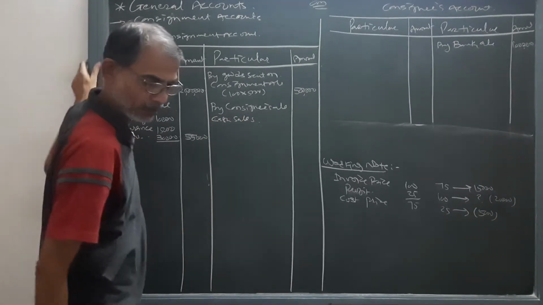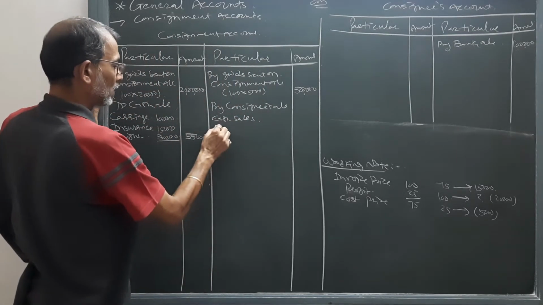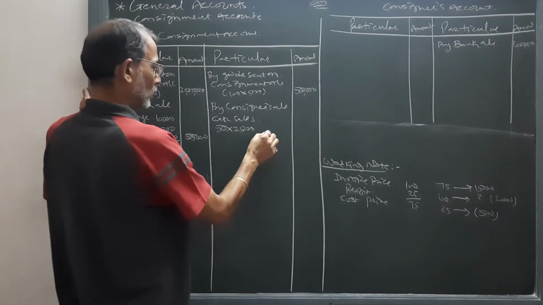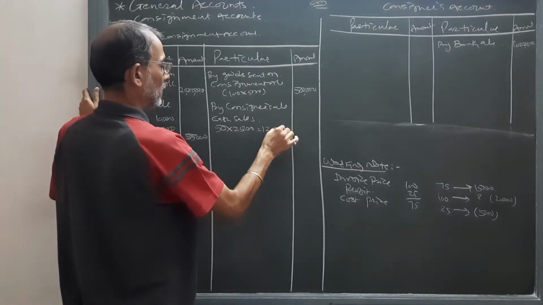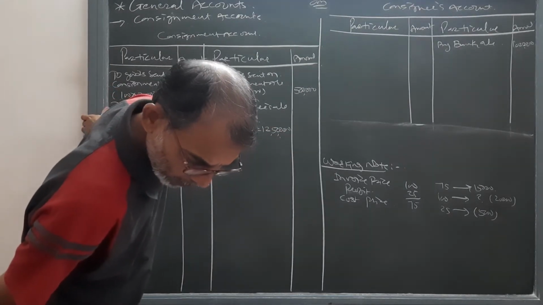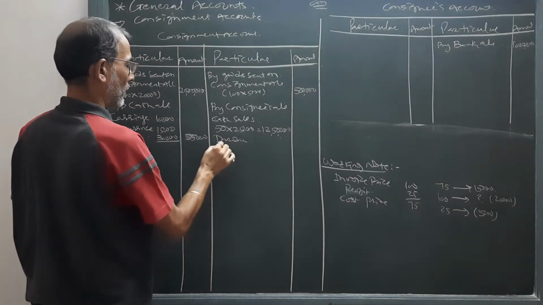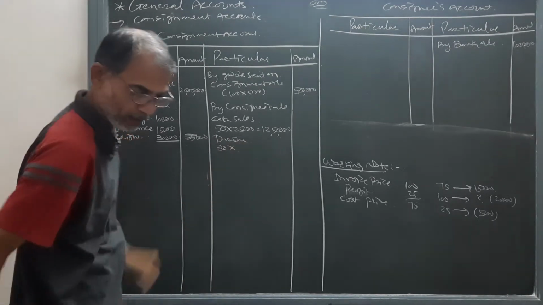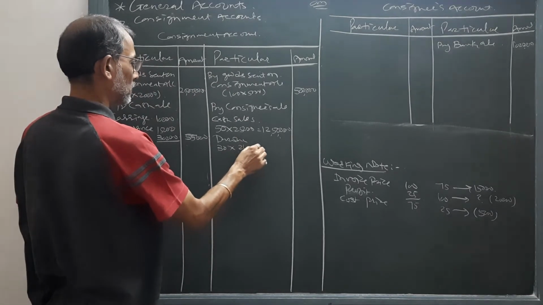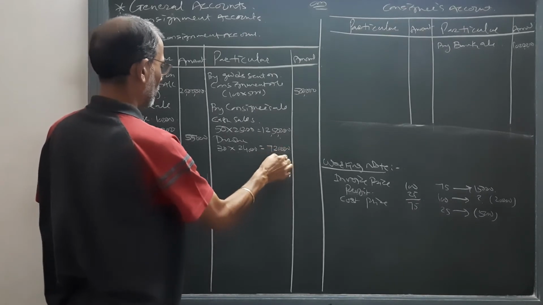Cash sale, that is 50 TVs at 25,000 each, 12 lakh 50,000, and to Darshan 30 TVs at 24,000. That will be 7 lakh 20,000.